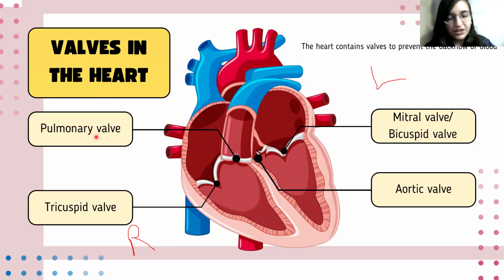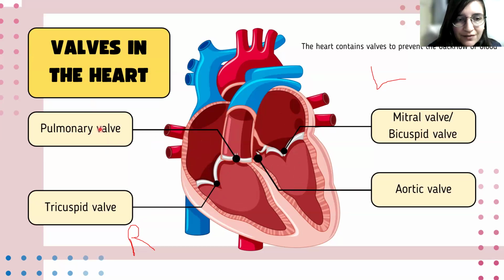So we are going to study 4 valves in this lecture: the pulmonary valve, the tricuspid valve, the mitral valve, and the aortic valve. So the pulmonary valve and the aortic valve, see these valves here? Together, we call them semilunar valves, which I will show you in the next diagram again.